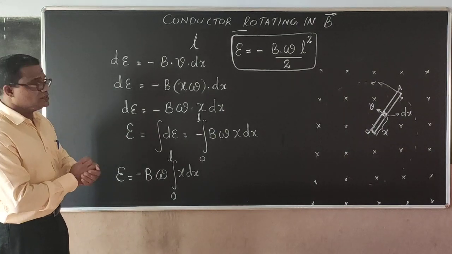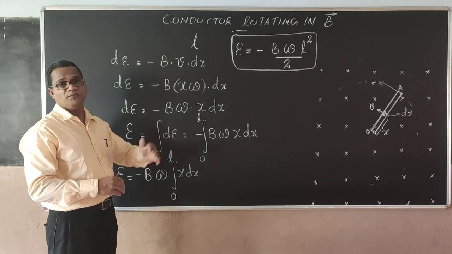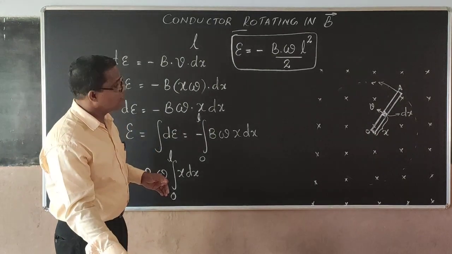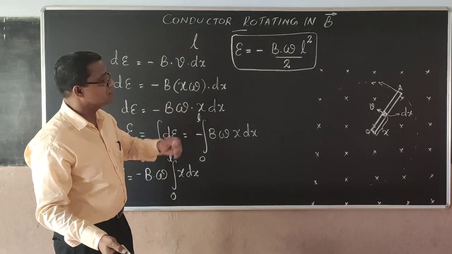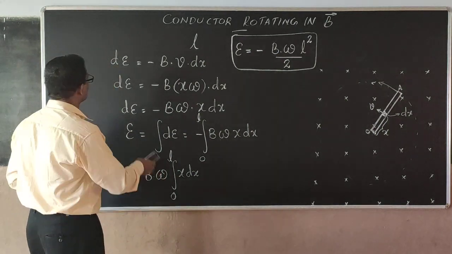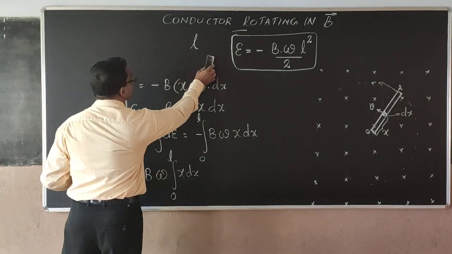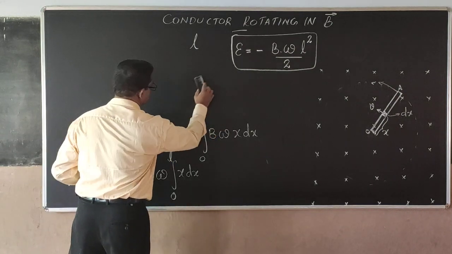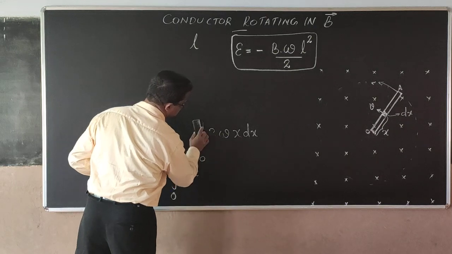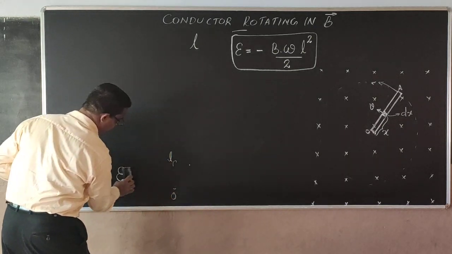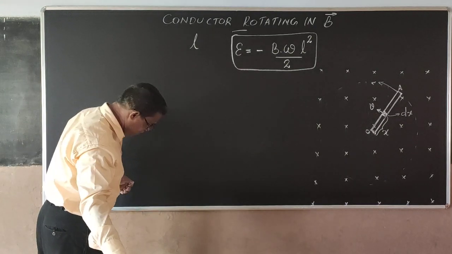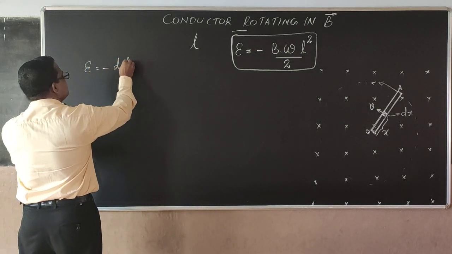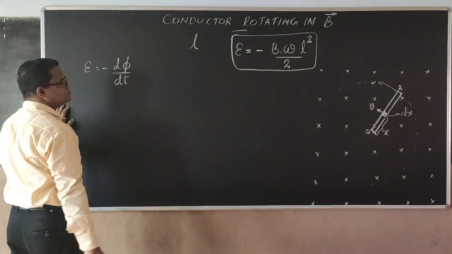Now, this was done according to the BLV method. Without considering the BLV method, we can use another direct method to get this equation. Let us see how directly we can get this. According to Faraday's law of electromagnetic induction, we have the formula induced EMF equal to minus d phi by dt.